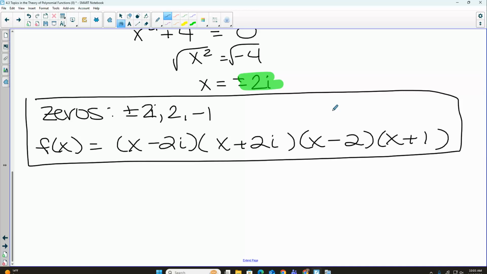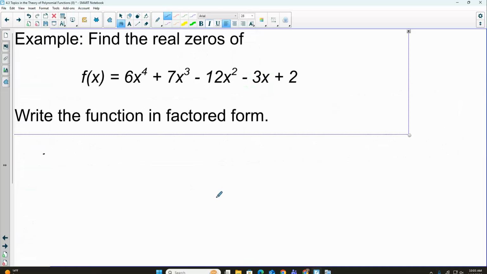I want to put one up, and I want you guys to see if you can list the p's, q's, and possible zeros to start us off. P comes from the constant. My constant is 2, so everything that goes into 2, just plus and minus 1, plus and minus 2.